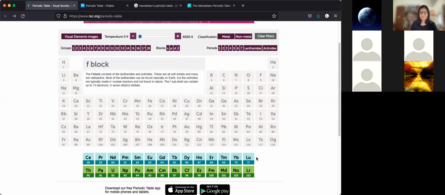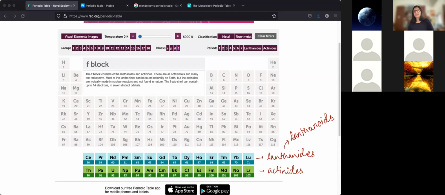F block is pretty special. These two rows are called lanthanides, and these are called actinides. In some older spellings, a time difference, British versus American thing, you may also see them referred to as lanthanoids and actinoids, either or.